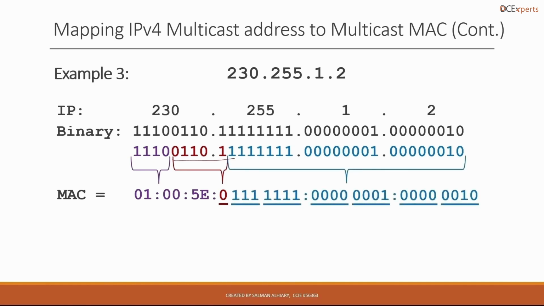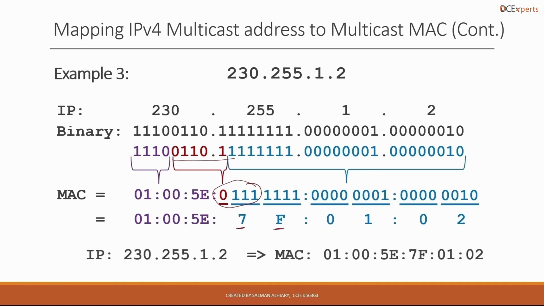Then when we convert to hexadecimal, remember this one here is 1 digit, so including the fixed 0 here, 0111 is 7, then F0102. Okay? Note this MAC address here, and keep it in mind for the next example.